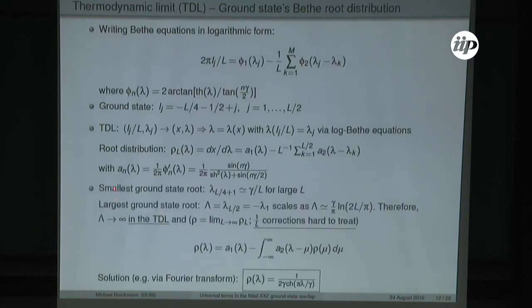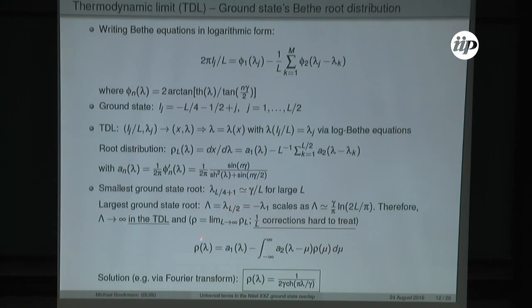The smallest rapidity is the lambda corresponding to the index L over 4 plus 1, and it is just gamma divided by L for large L. The largest scales basically as log of L with a prefactor gamma over pi. And then in the thermodynamic limit, it means that lambda goes to infinity.